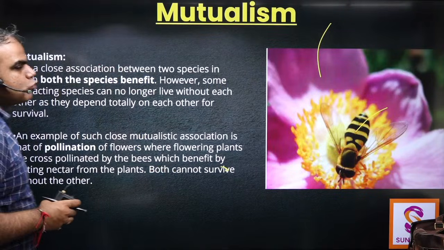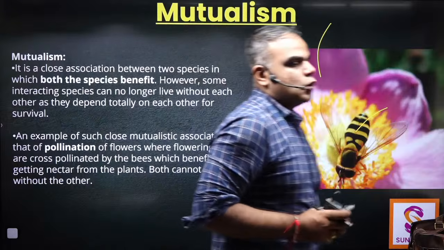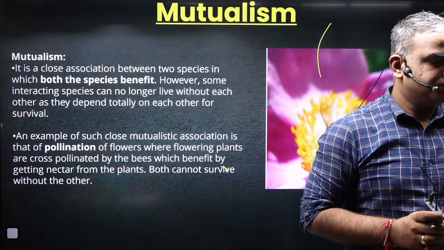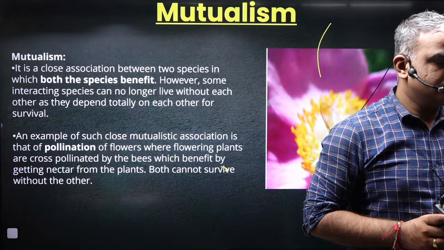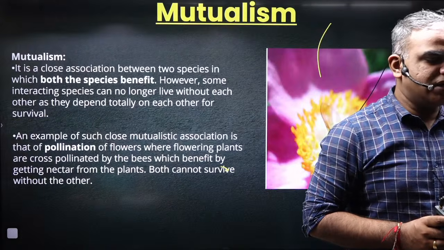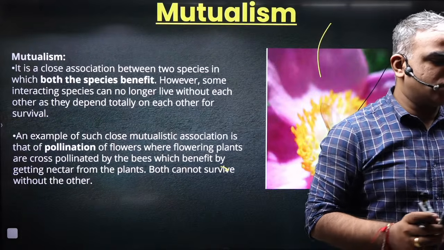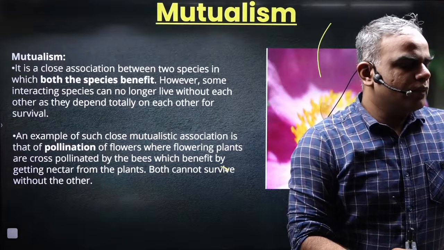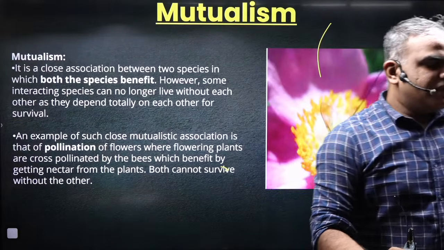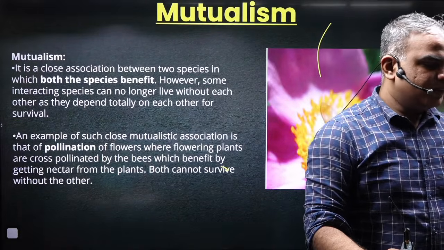Now we'll try to write one by one. We'll start with mutualism. Only the examples we are interested in. So just a one line definition. It is a close association which positively benefits both the species.